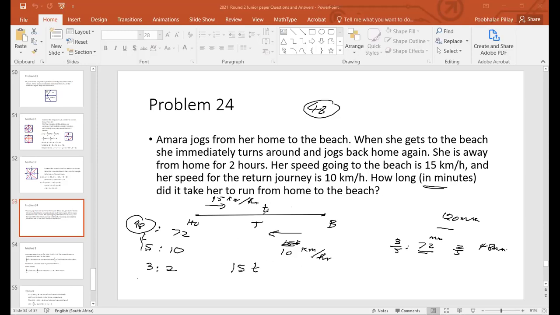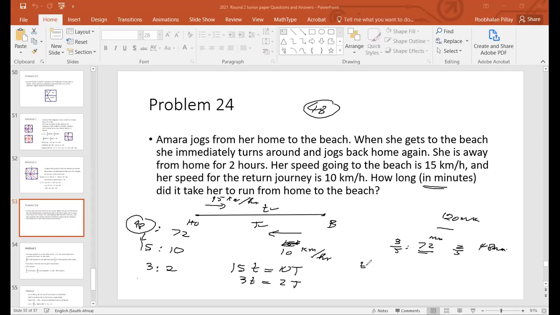I'll give names to the unknowns. But it's also equal to 10 times t, because there is also the distance from the home to the beach. So you will see that the ratio of this little time to the capital time, this is 3t divided by 5 equals 2 capital T.